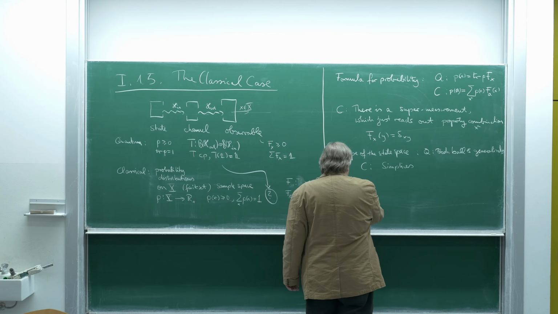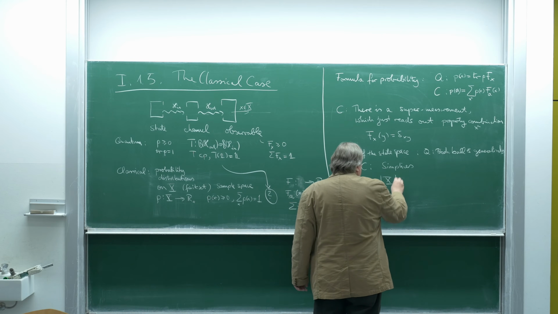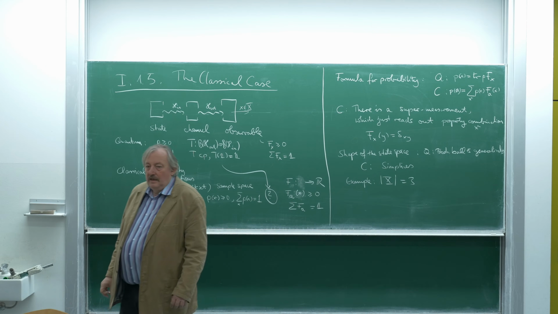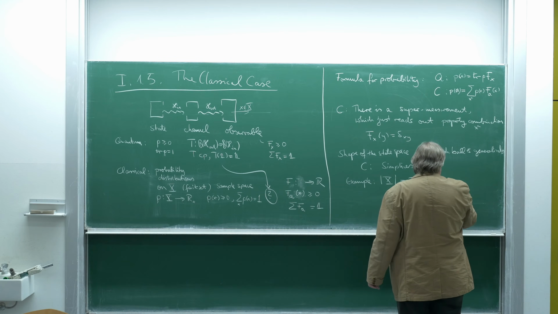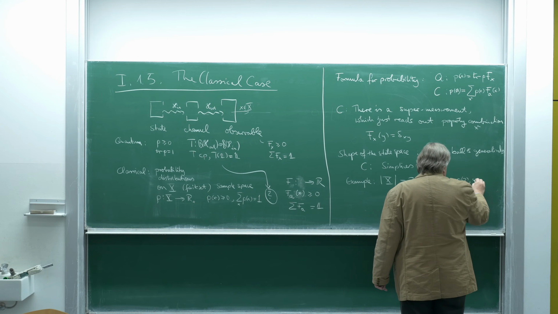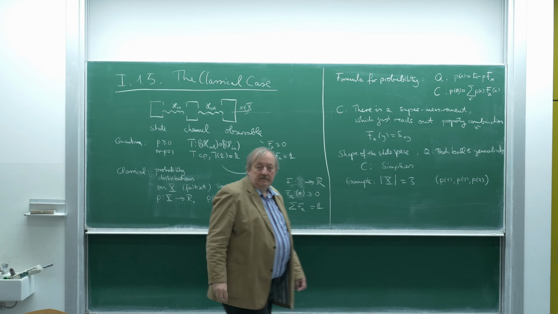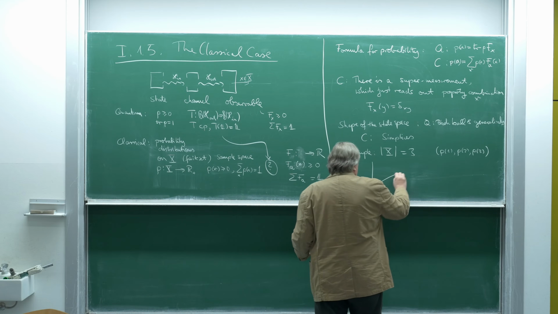So the example. The size of the sample space, let's take that to be 3. Then we need numbers, rho 1, rho 2, rho 3. These are positive numbers, and they add up to 1. So let's look at the geometric picture for that.